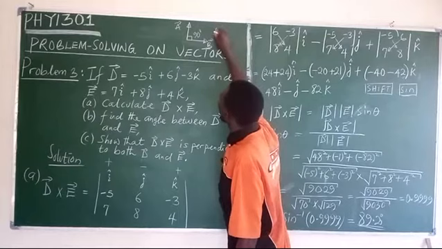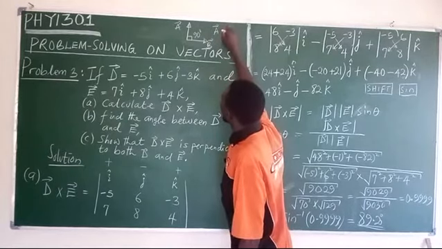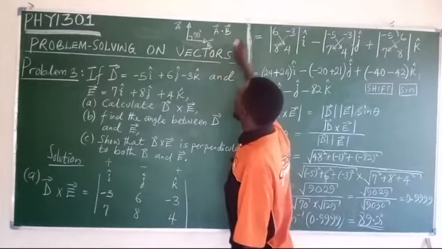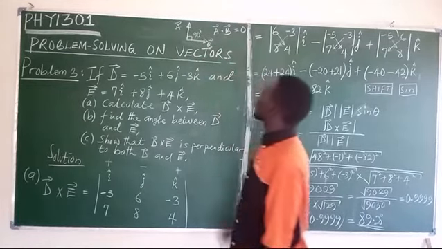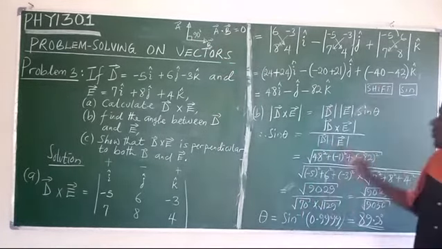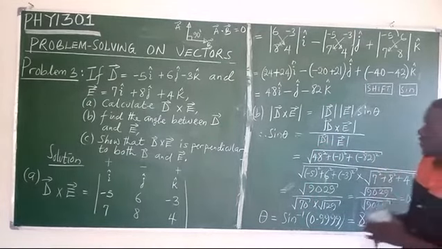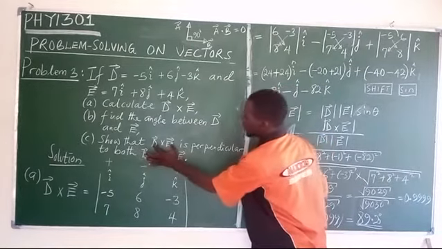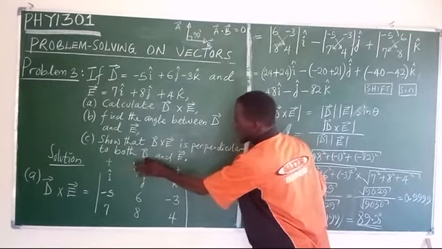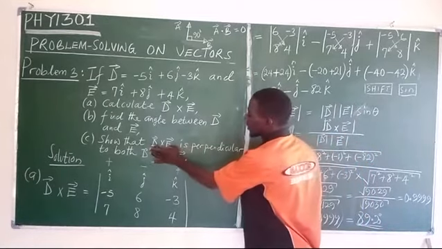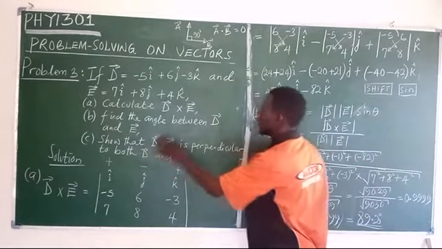Then vector A dot vector B, meaning the dot product of the two vectors, must be zero. This is always true. So it means that what we have to do is to take the dot product of this vector and this one and see if it gives zero. If it gives zero, it means this vector is perpendicular to this vector.